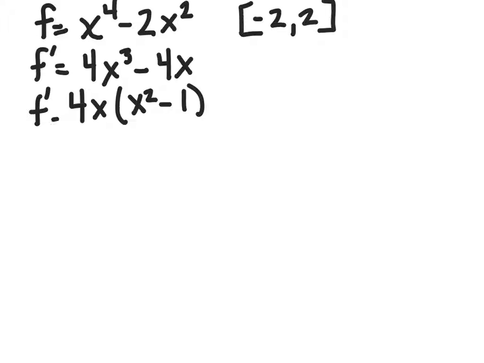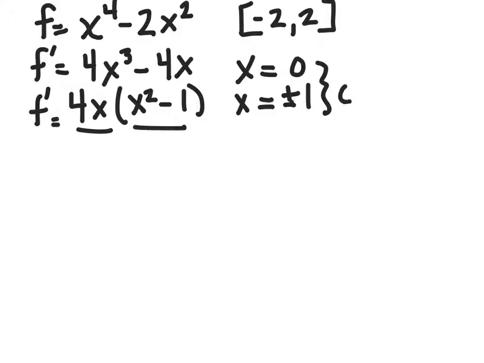Using the zero product property, the way I did in the first example, I solved this factored equation and got x equals 0 and x equals plus or minus 1. So these are 3 critical numbers that have to do with this function.